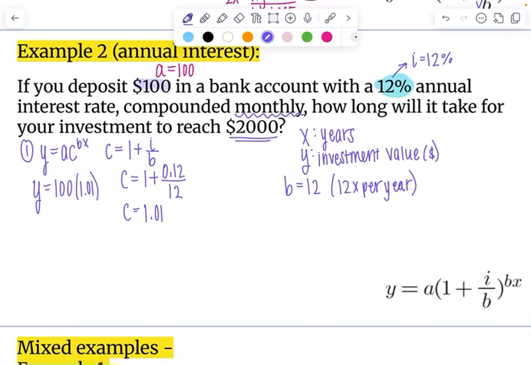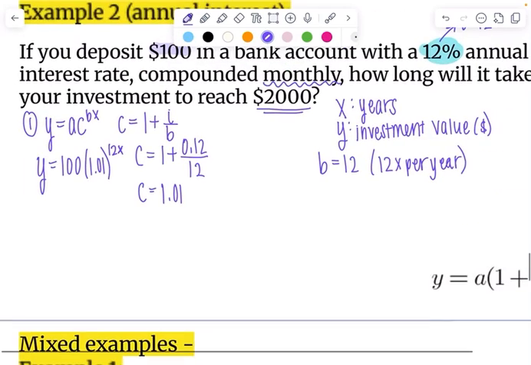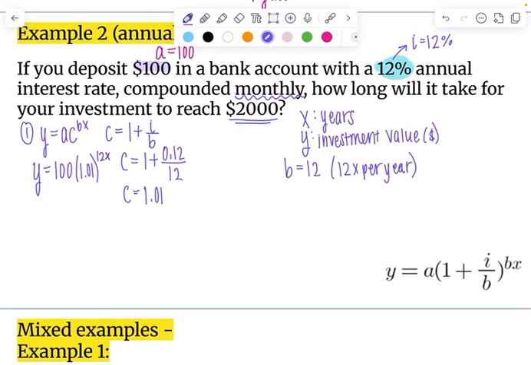And your B is 12, and then X. So your rule is 100 times 1.01 to the power of 12X. Now it's asking, when will your investment reach $2,000? So $2,000 is the investment value, so you're going to replace Y with 2,000.